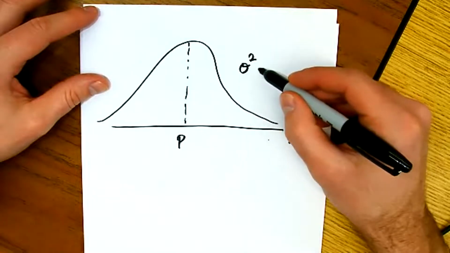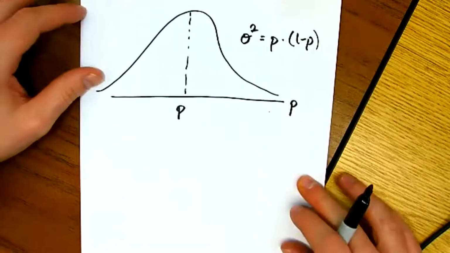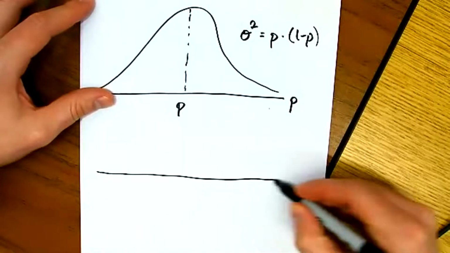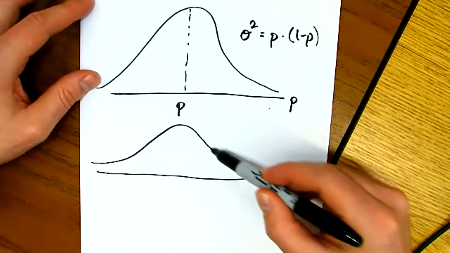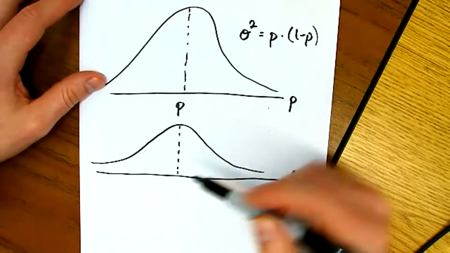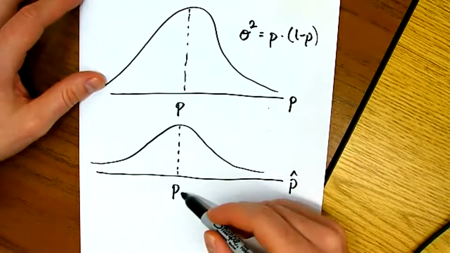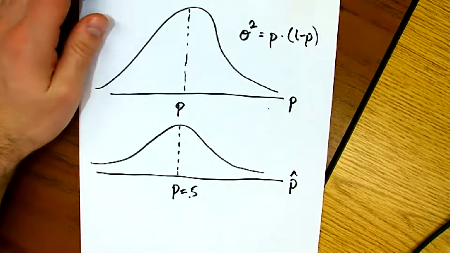And the variance would be just p times 1 minus p. So what that tells me is that for my sample proportions, as long as I get a sample size of 30, they'll be normally distributed. They'll still be centered around the population proportion, which for a fair coin would be 0.5.